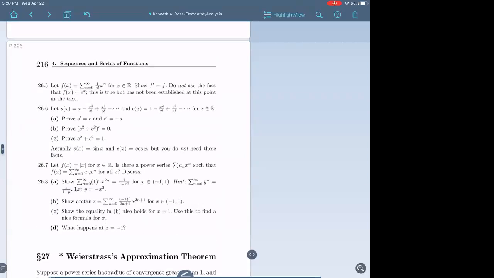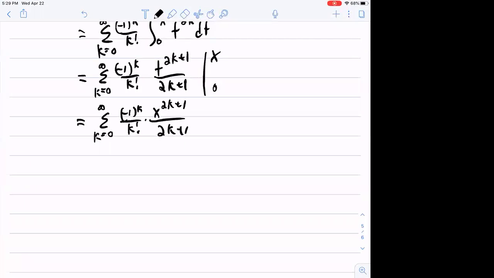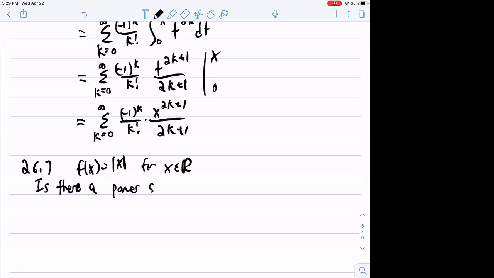What do you all think? If f of x is the absolute value of x, is there a power series, sum a n x to the n, such that f of x equals it? Basically, can I write absolute value of x as a power series? This one's pretty important.